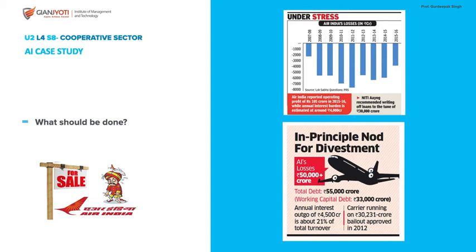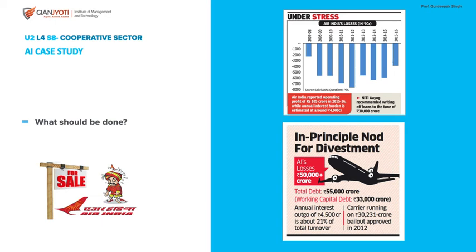Their annual interest, which they have to pay, is about 21% of their turnover, one fourth of their turnover, which is 4,500. That is the interest they have to pay, and it is building up every year. So the carrier is running on a 30,000 to 31,000 crore bailout, which I said was done in 2012.